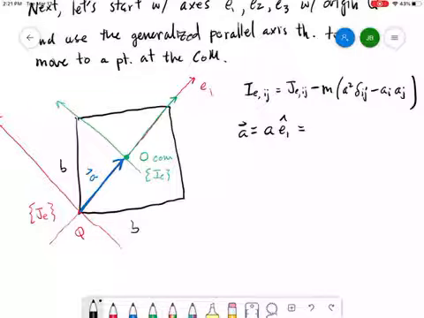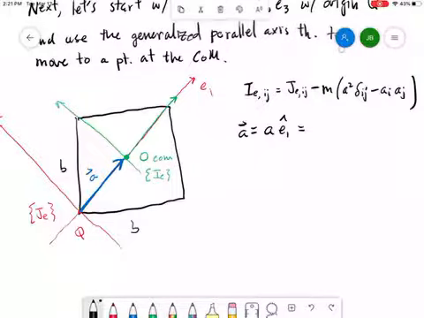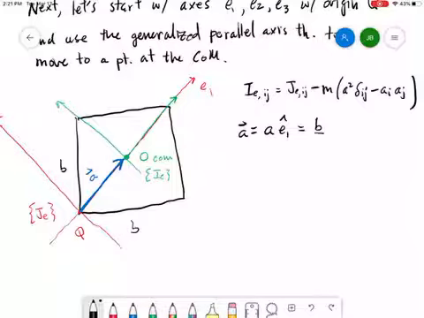Its length is b over root 2, because if we go down here, this length is b over 2, and this length is b over 2, and so the length of A is the square root of b over 2 squared plus b over 2 squared. So that's b squared over 4 plus b squared over 4, which is b squared over 2. Take the square root, that's b over root 2. Okay, good.